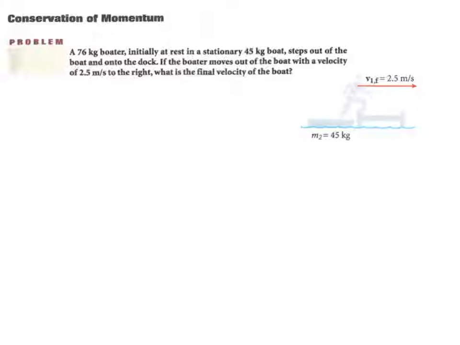Let's take a look at this problem. It says we have a 76 kilogram boater, so I'll do my table of knowns. The mass of the boater, we'll call BR for boater, is 76 kilograms.